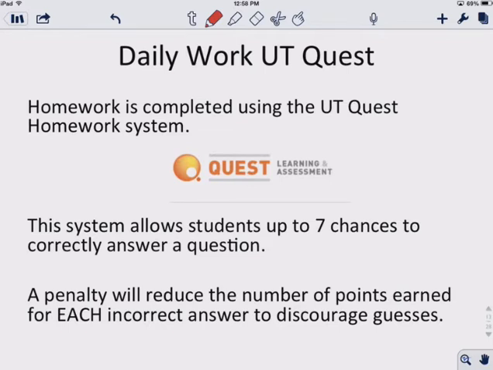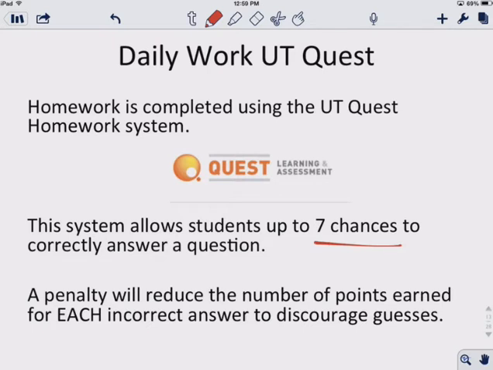We use what's called the UTQuest homework system. This is a system that University of Texas monitors. So all homework will be completed through UTQuest. The deadlines will be clearly communicated to the student. And in this particular system, it allows you up to 7 chances to answer a question.